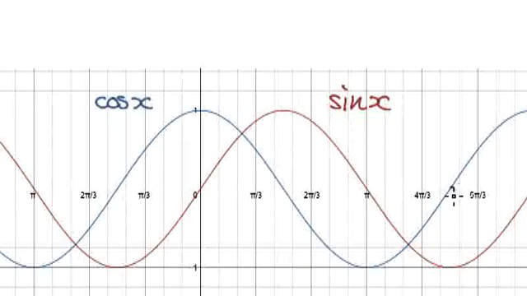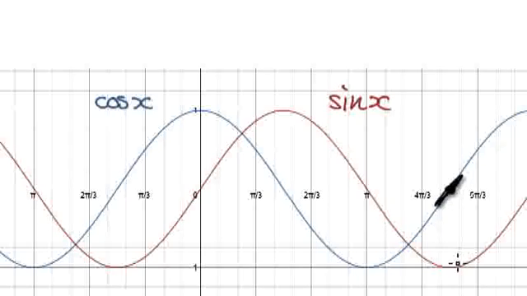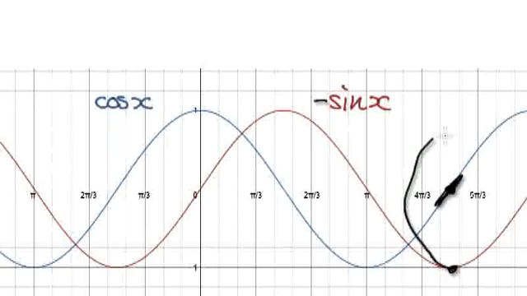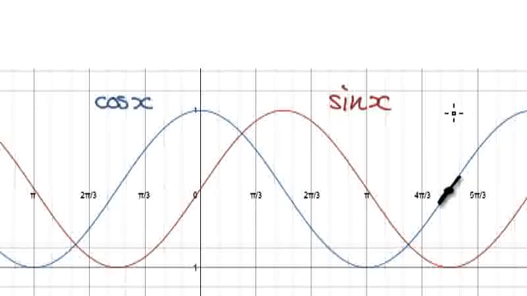Okay, if you look at over here, the gradient of cos of x is positive 1 here, but the normal sine of x is minus 1, but then if you have the negative version of sine of x, it will then jump up to here, giving you a gradient of positive 1. So the gradient of cos of x at this point here is positive 1.